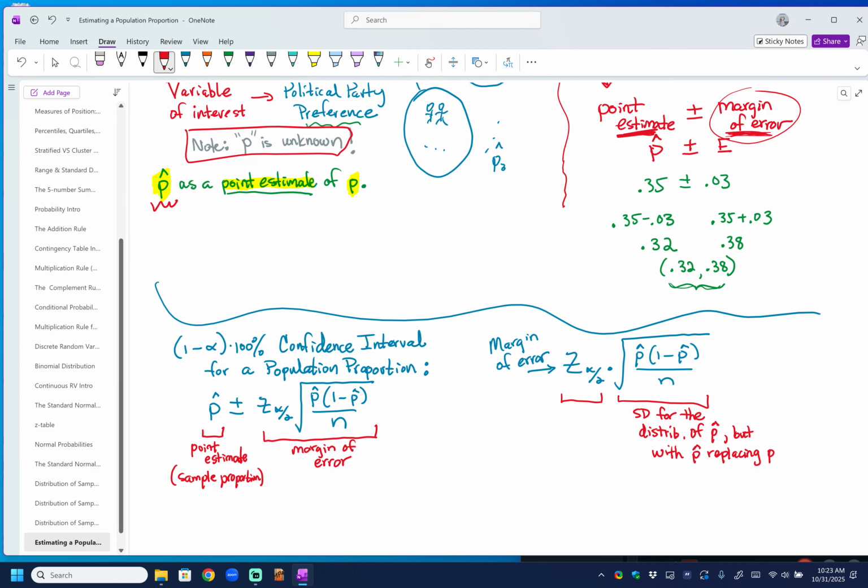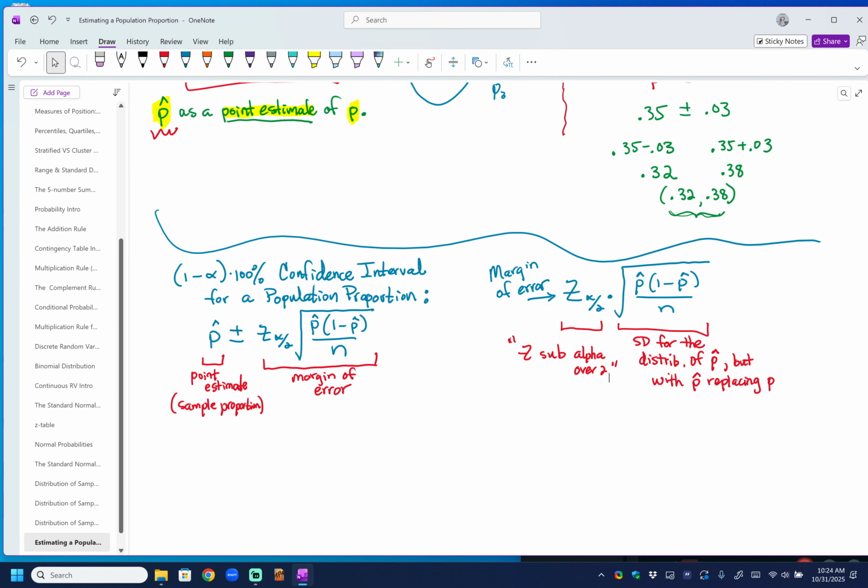So remember, this is called z sub alpha terminology. So we're going to call it z sub alpha over 2, specifically, because that's what it is. If we were to be super formal about this, this would represent the z value in the standard normal distribution with an area of alpha over 2 above it.